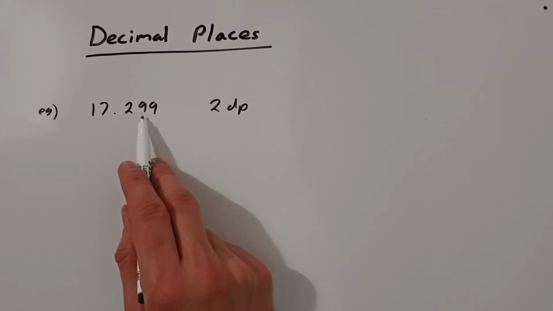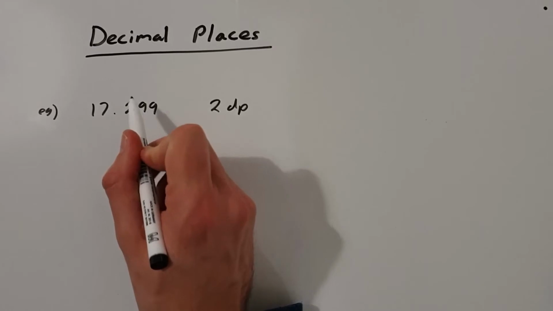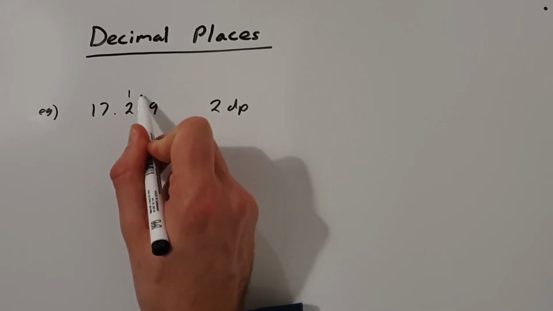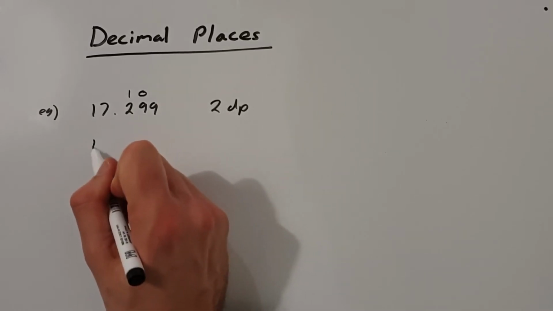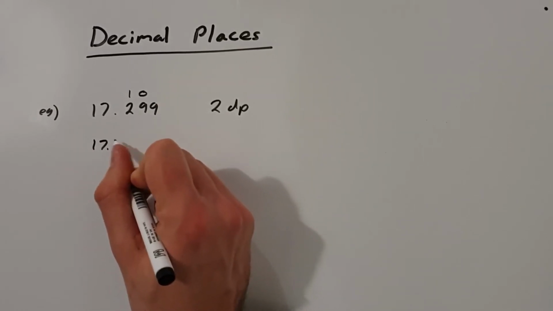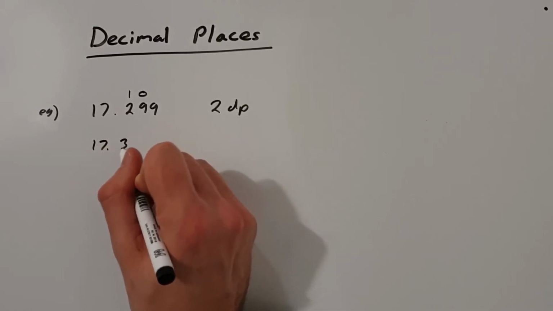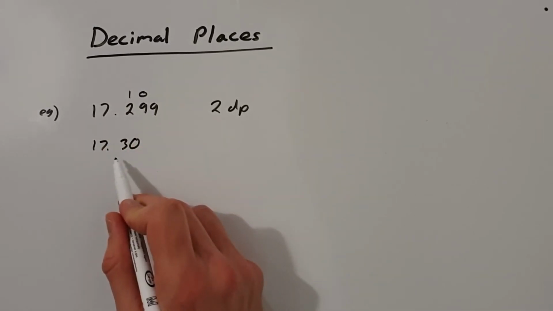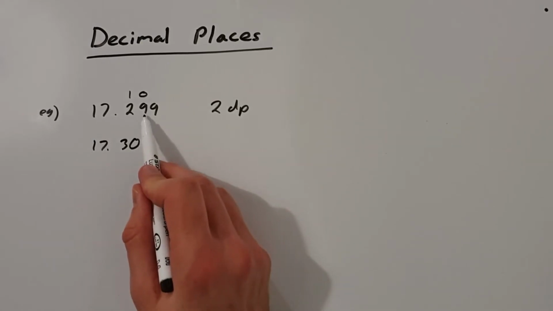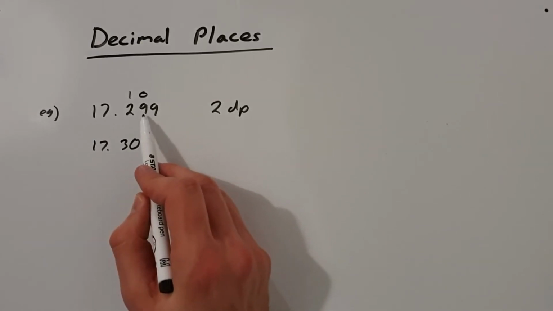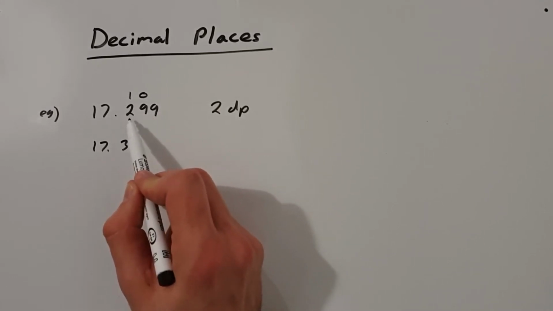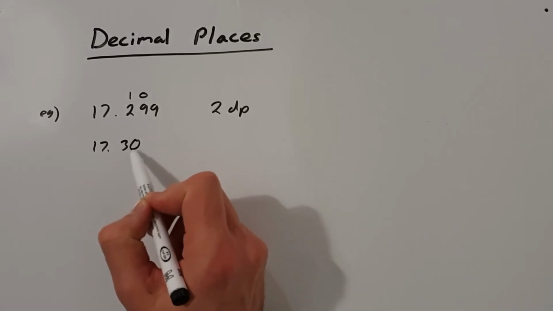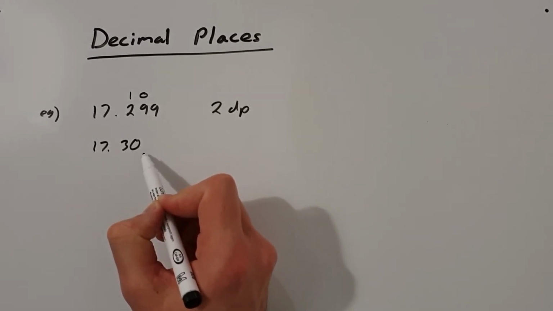So we take the 10 that we round this up to, carry the 1 over to the next column, and this column becomes 0. Rounding this to 2 decimal places gives 17.30. We can't round this up to another single number, so it must round up to 10, but to put the 10 in we must carry the 1 over to the next column, so the next number increases, and we keep the 0 afterwards.